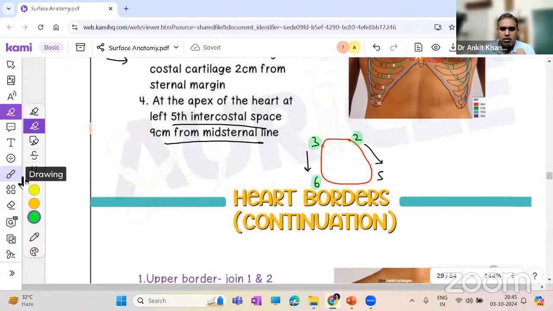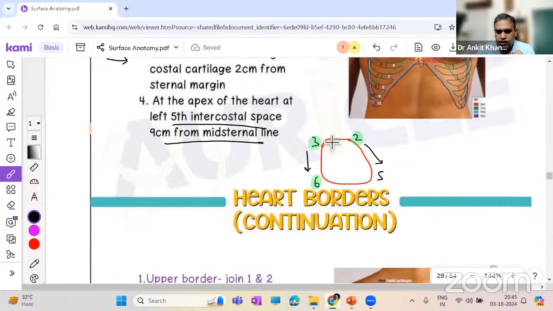Suppose this is the sternum over here. Let us try to draw the sternum also. Third right over here. So give me a second. Okay, understand this. So these distances over here are roughly approximately 1 centimeter, plus or minus 0.1, 0.2 centimeter.